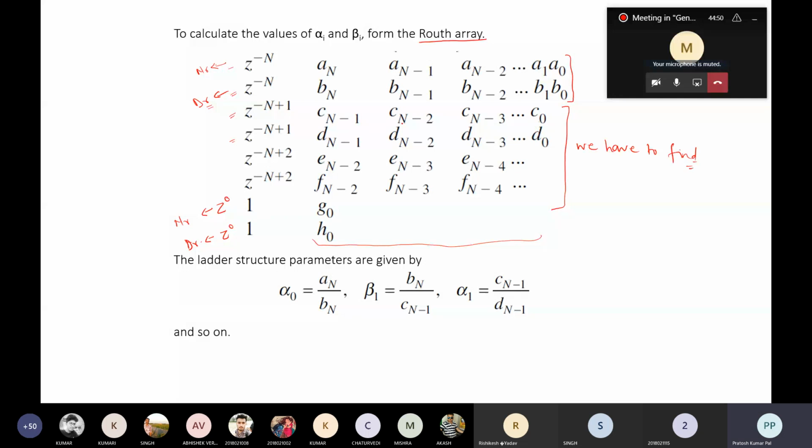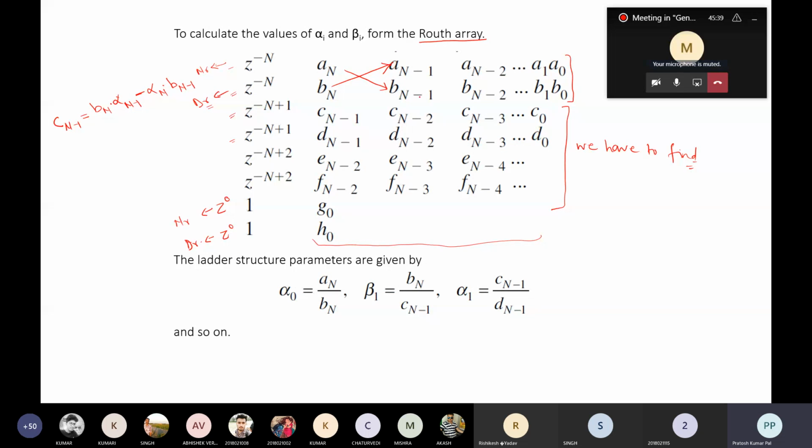The method used to find these values: we need to find out Cn minus 1. To find Cn minus 1, we will multiply Bn into alpha n minus 1, and we will subtract the multiplication of an, or alpha n, with bn minus 1.